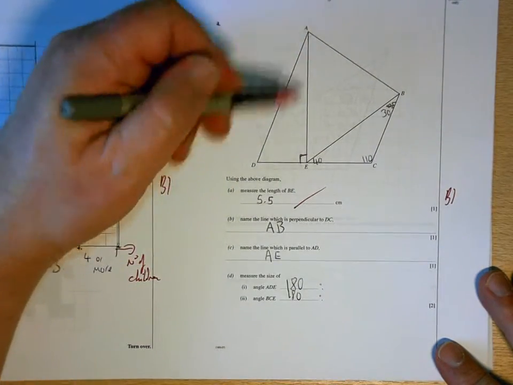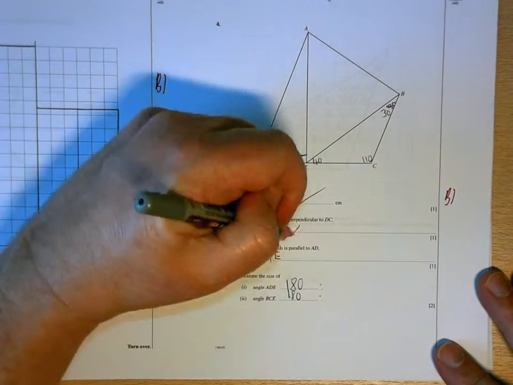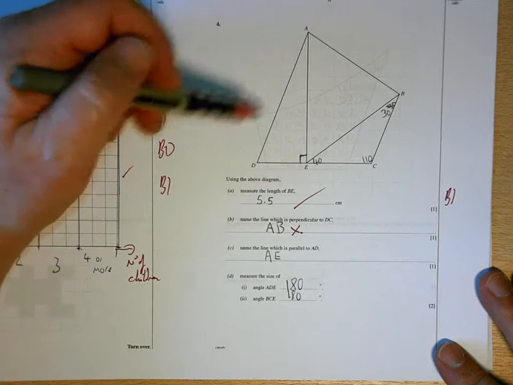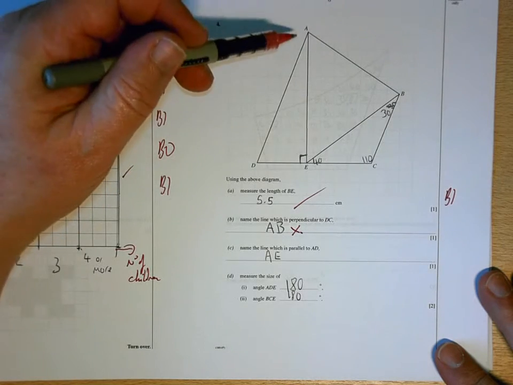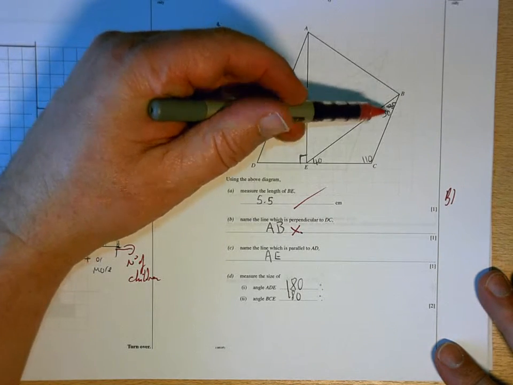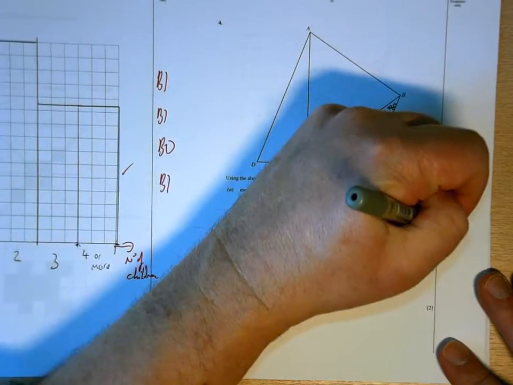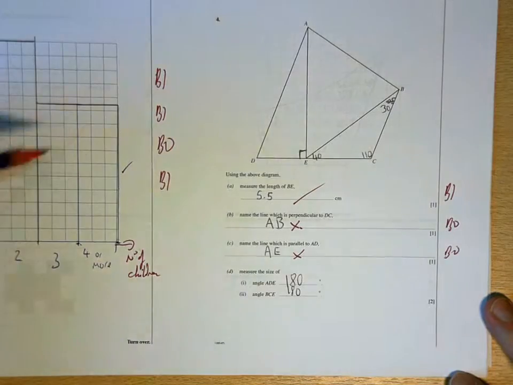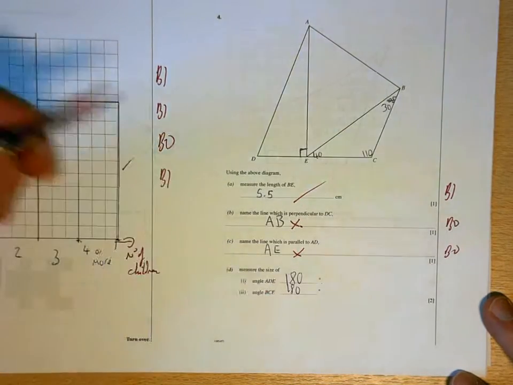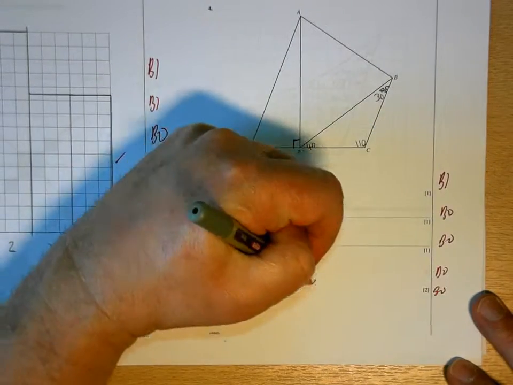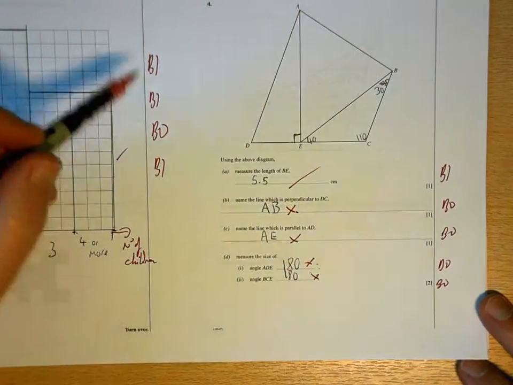Perpendicular means at right angles too, so AE is what you're looking for there. And AD is that one, so you're looking for what's parallel to that, and parallel would be travelling in the same direction, which is that. So that one's wrong, that one's wrong, and those angles according to you are straight lines, which they're definitely not. So not a good page there.